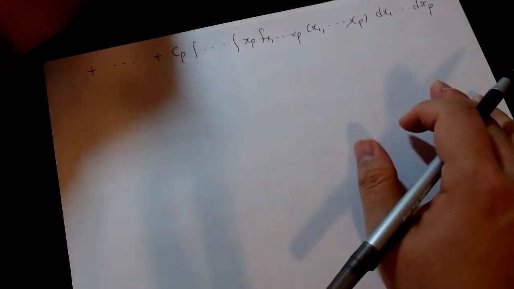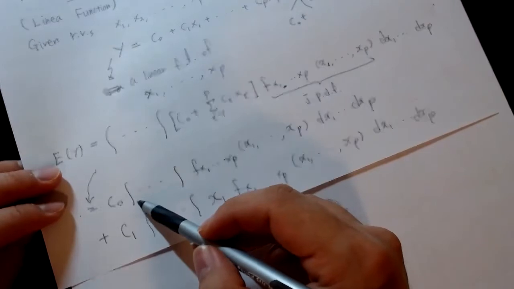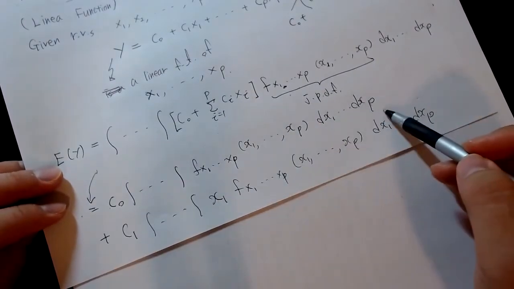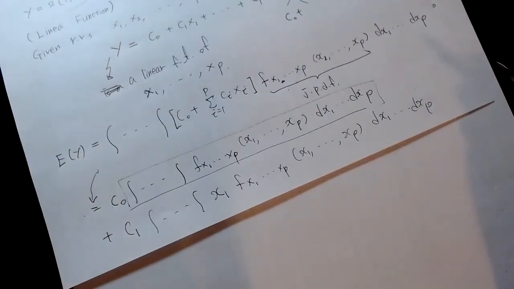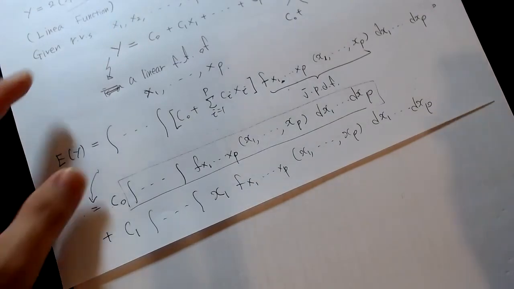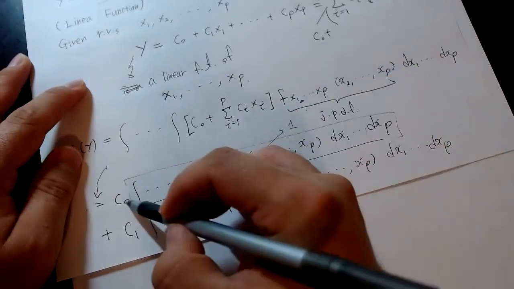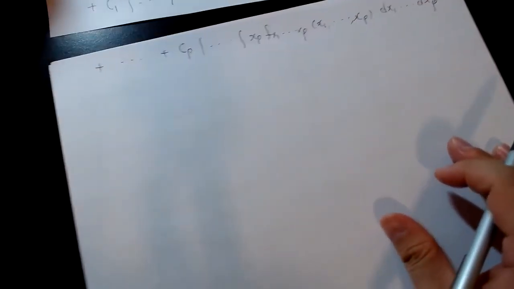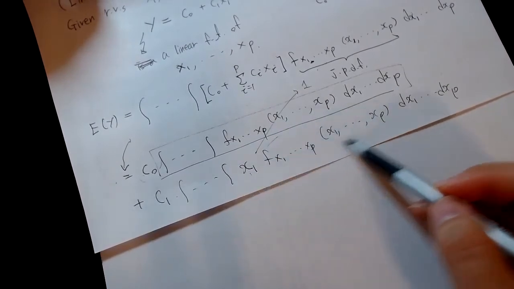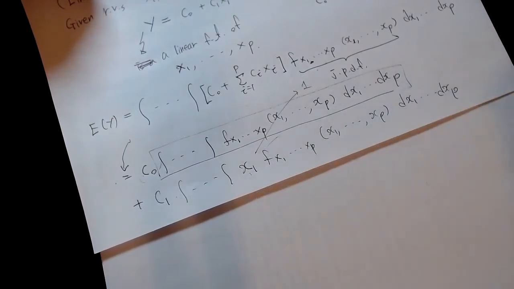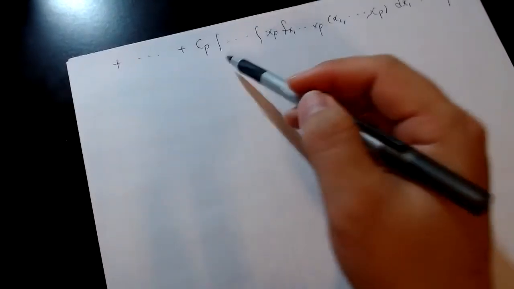Look at this. The multiple integral of the joint pdf with respect to x1 to xp is 1. Keep in mind that the integral of the joint pdf on the entire domain must be 1. So c0 is left. The next one, c1 times the multiple integral of x1 times the joint pdf, is by definition c1 times the expected value of x1, and the last is cp times the expected value of xp.